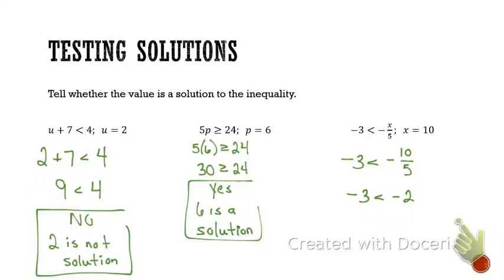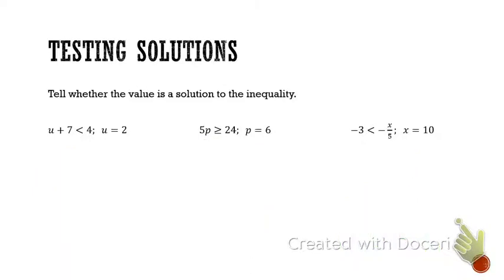It is, because remember, it's farther from 0. The larger the negative number, the smaller its value. So yes, 10 is a solution. All right, I want the whole sentence because you're telling me that you understand what the answer is. That 10 can be a part of the solution here. All right, just testing solutions.